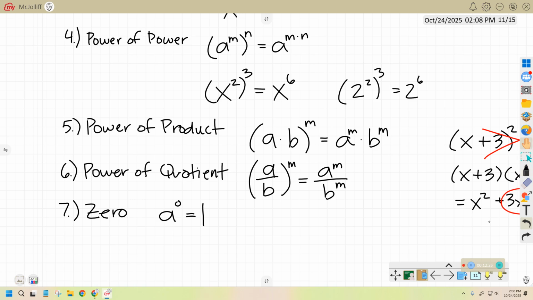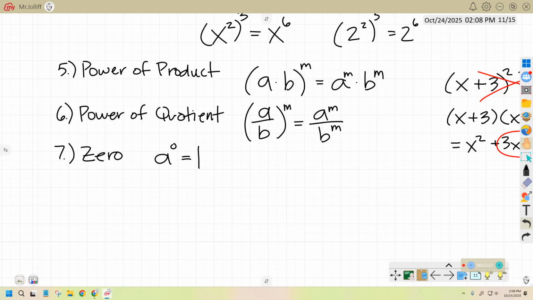And then the very last one. We've looked at negative exponents. We need to look at fractional exponents. What happens when my exponents are fractions?